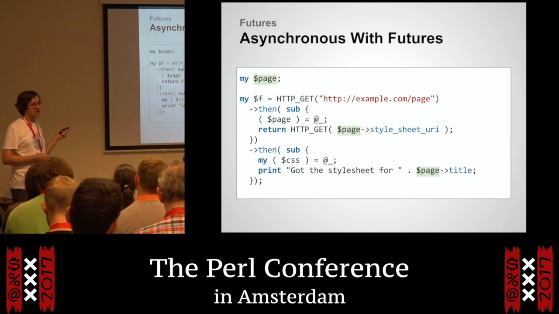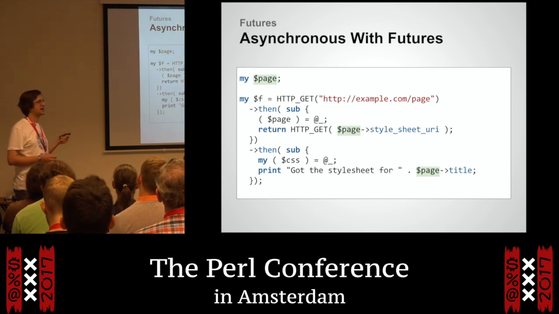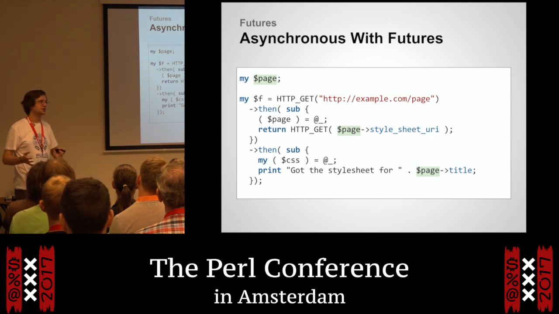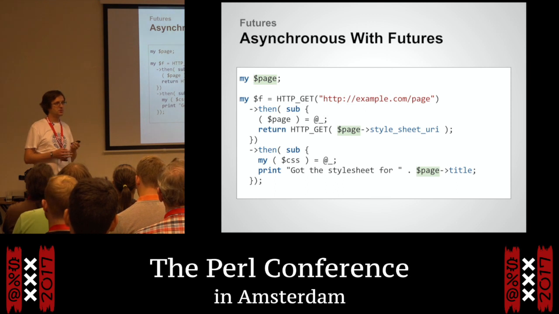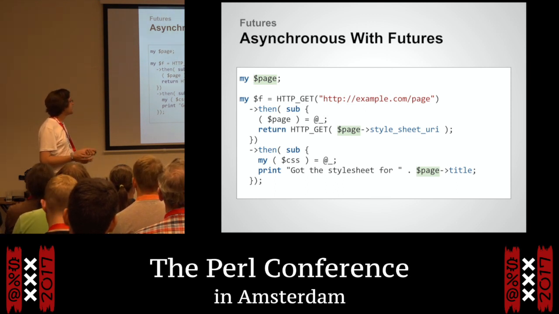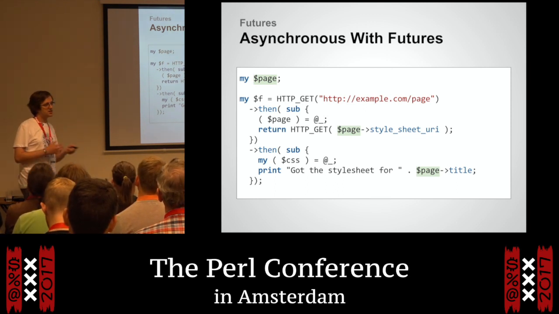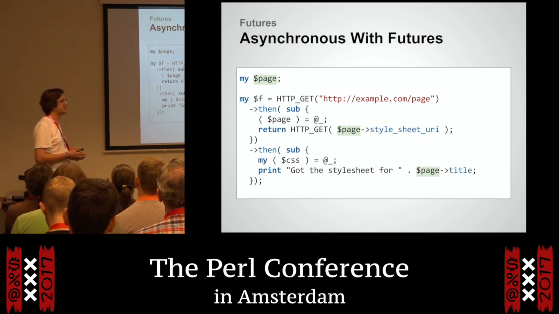The future distribution on CPAN has a module called Future Utils, which tries to provide some helpers to make things like for each loops and whatever a little bit neater. It can help, but it still means that you're writing code that looks very different to a for each or a while loop or whatever. It's just in straight line code. It looks quite a bit different.